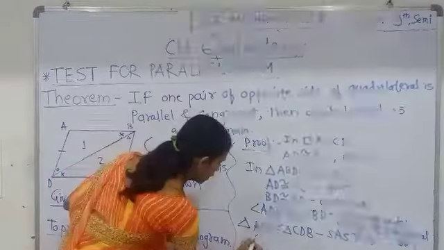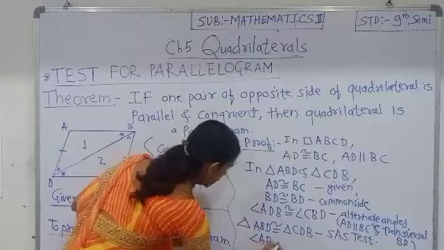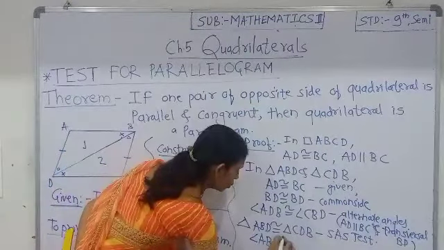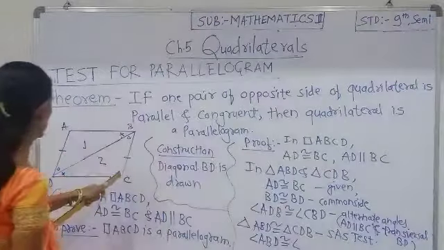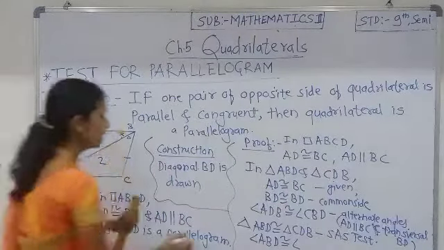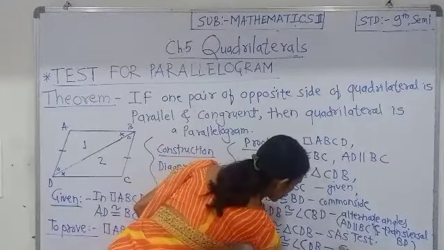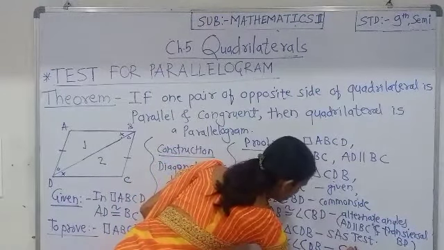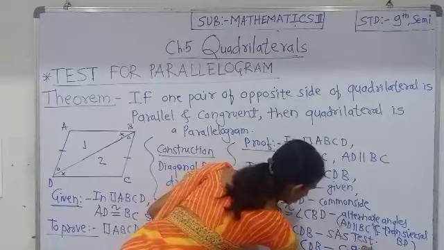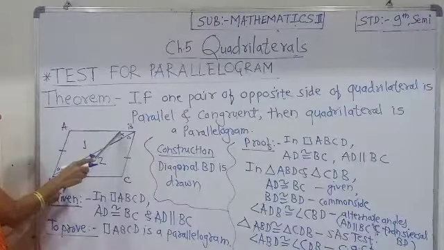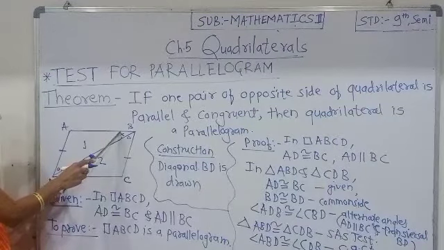Therefore, angle ABD congruent angle CDB, because corresponding angles of congruent triangles.